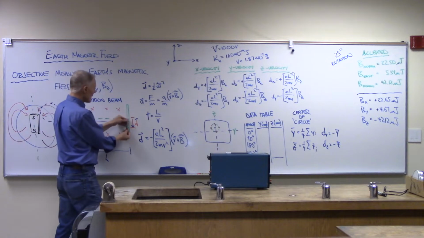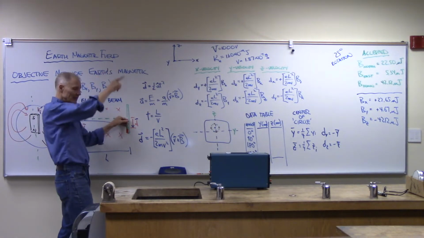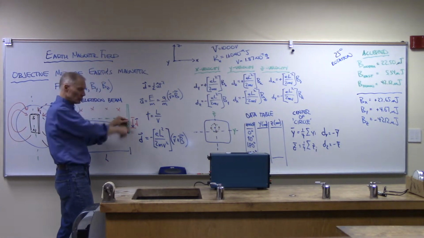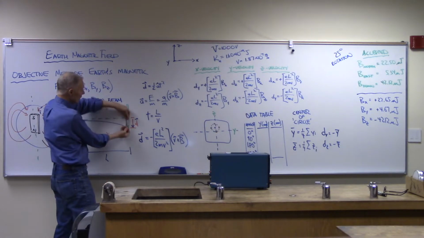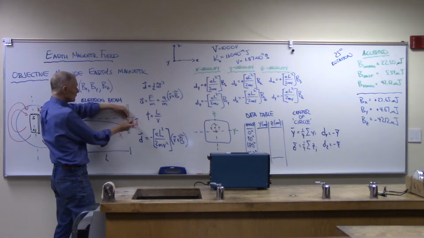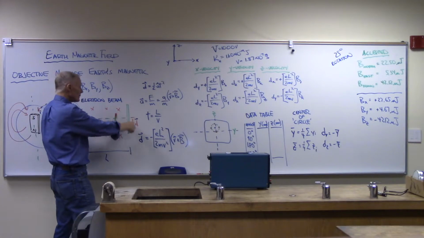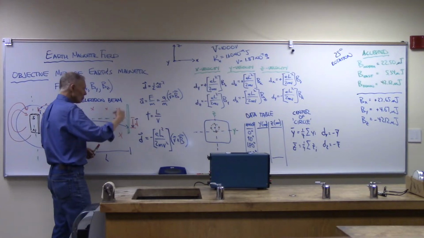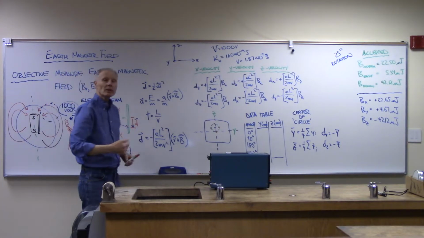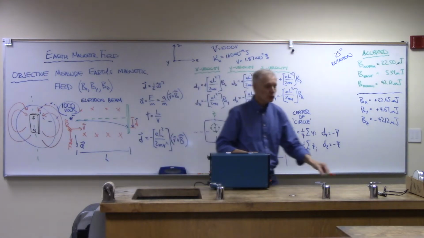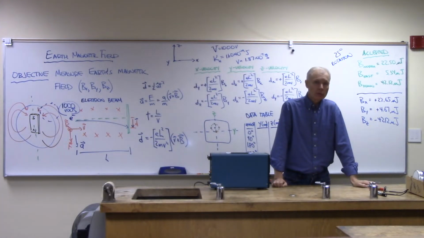What would happen then is if I rotated the Earth's magnetic field all the way around, this deflection would be taking place at different locations on the screen, and what it should do is draw a circle.